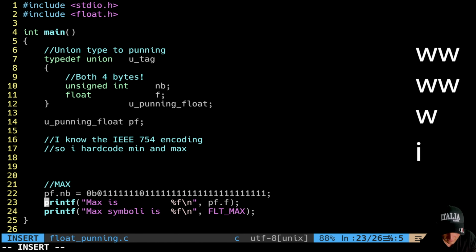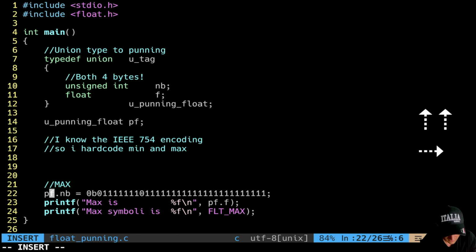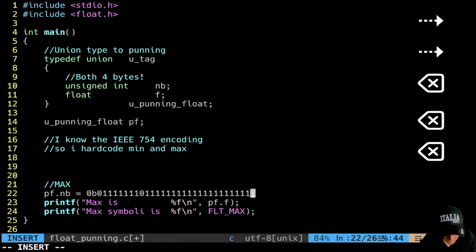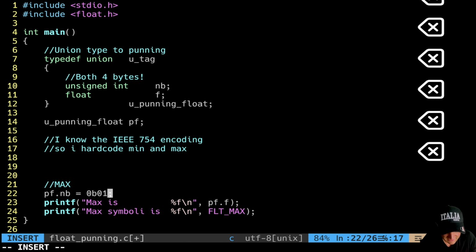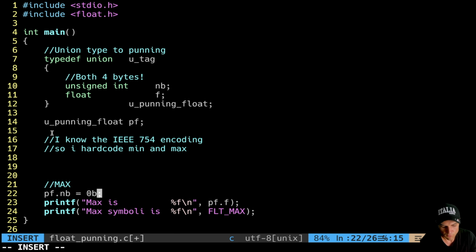Now, what do we do? Let's do this together. I'm going to cancel this binary configuration, and let's say that I want this float to be the maximum possible configuration of a float. So here I'm accessing the float binary configuration thanks to the nb unsigned variable. I know the first bit is for the sign, so it's going to be 0.